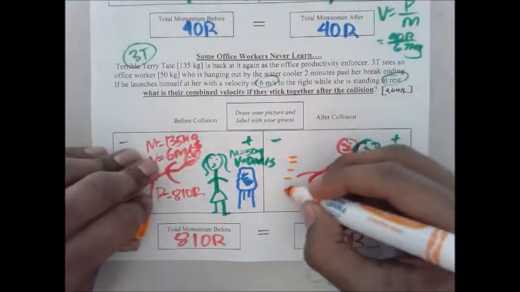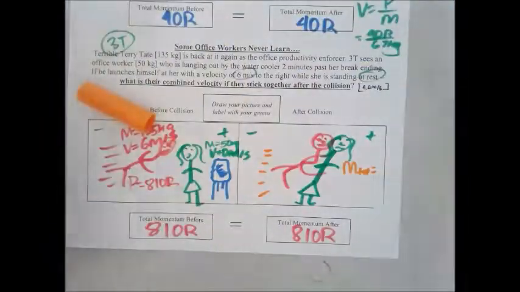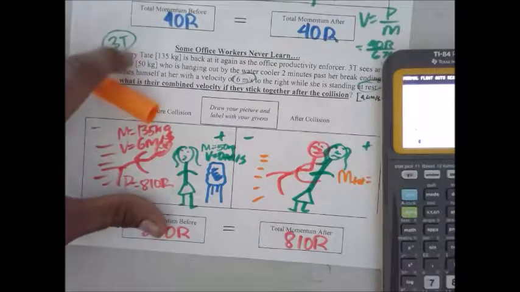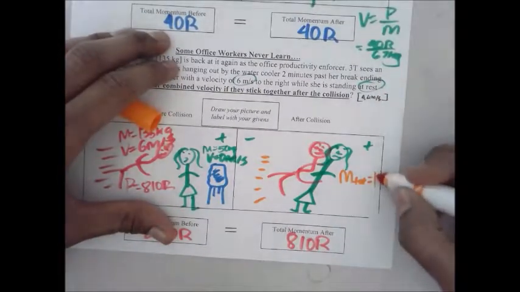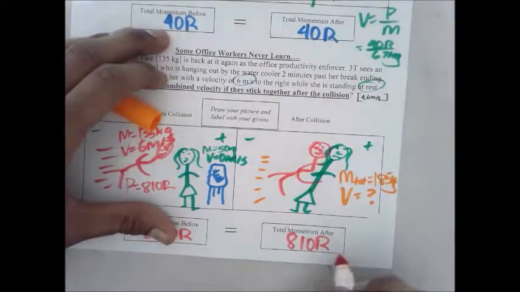They're moving together, then their combined mass, you have to look at their combined mass because they're sticking together, right? So their mass together is going to be 135 for Terry Tate plus 50 for the office worker, so that's 185. You don't know what their velocity is, but you know what their combined momentum is. Once again, we're back at it again.